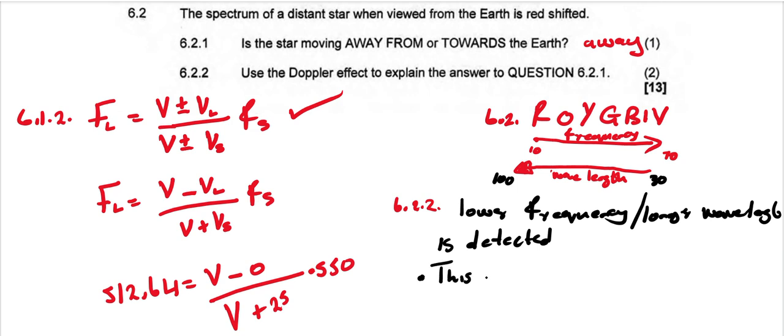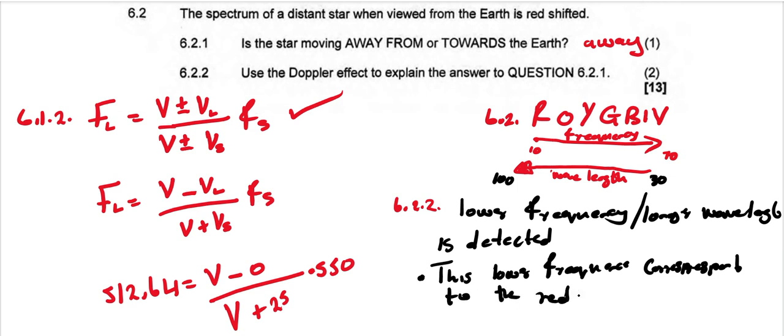You're going to say this lower frequency corresponds to the red shift of the spectrum. Do you get me? Now we are done. I think it was the simplest question.